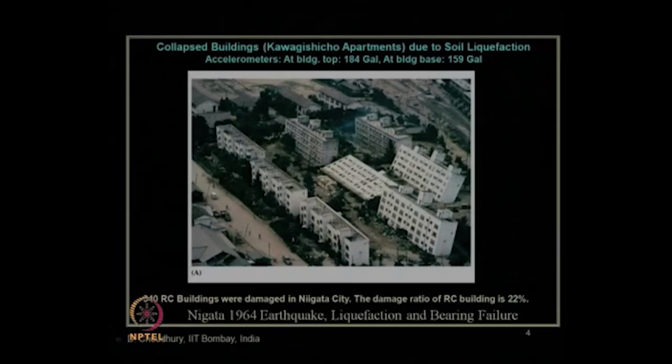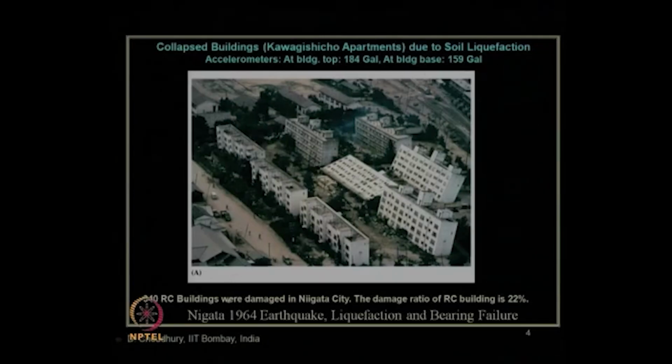This is a common picture, as I have already mentioned, which one can find as the cover picture of the book written by Stephen L. Kramer. So, this is a very good example where geotechnical earthquake engineering or soil liquefaction is important.